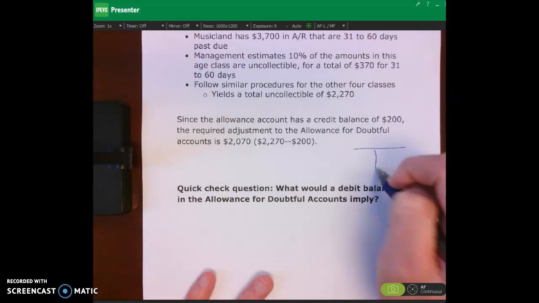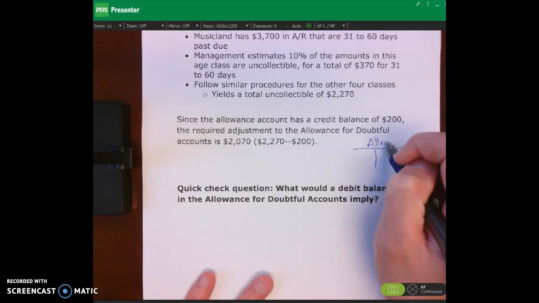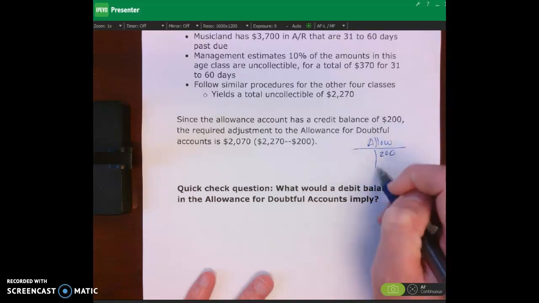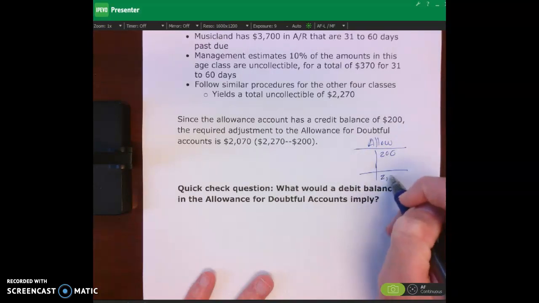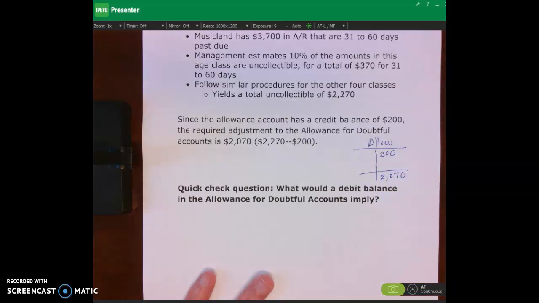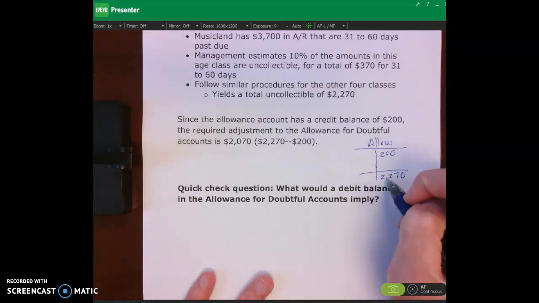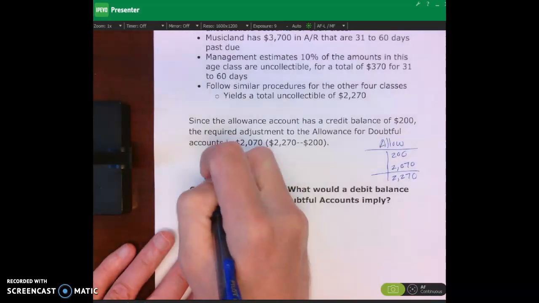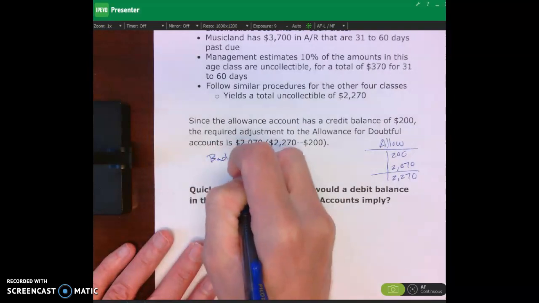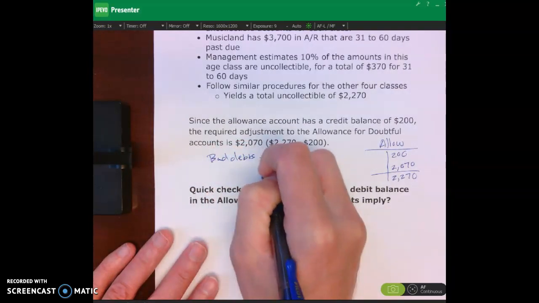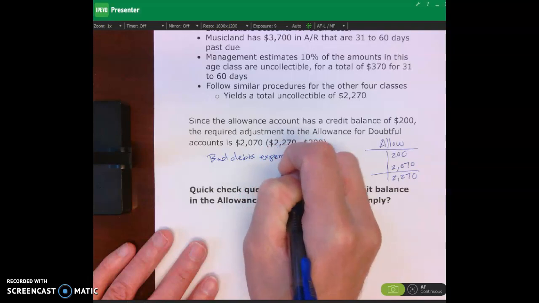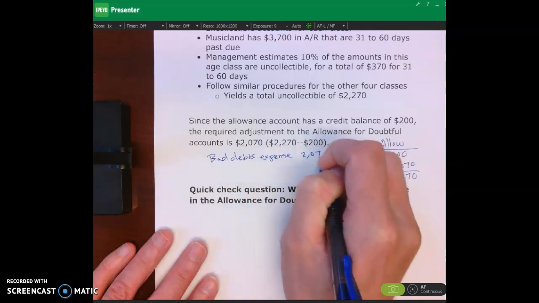So we look at our T account. It's got this $200 credit balance. We want it to have an ending balance of $2,270. How much do I need to increase it by? $2,270 minus the $200, $2,070. So that would be my journal entry. Debit, bad debts expense, $2,070.